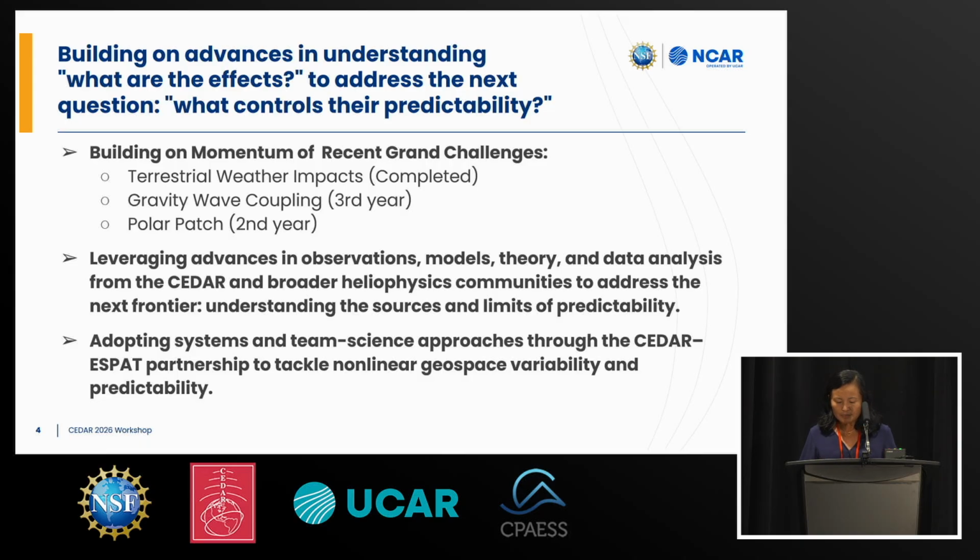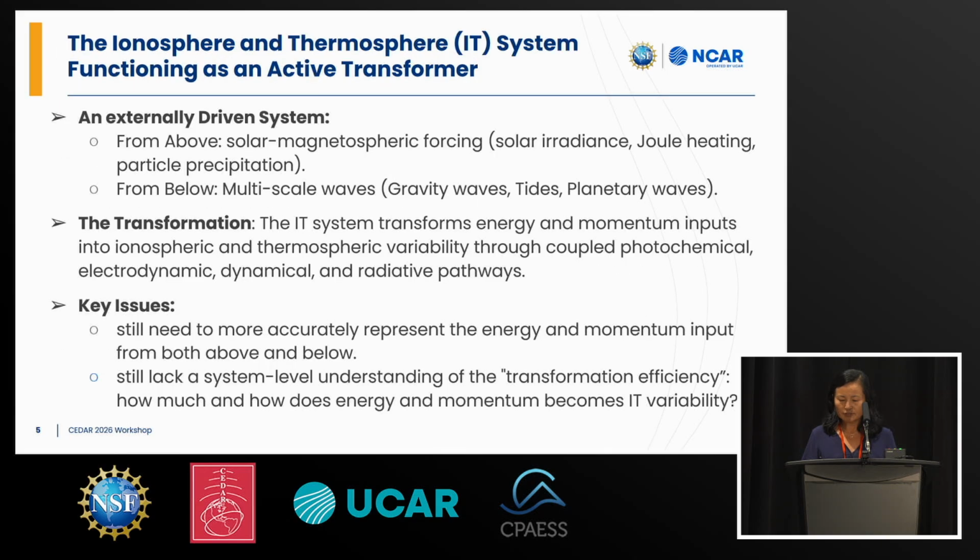To understand this predictability, it is helpful to have a conceptual big picture of how forcing is transformed to the variability in the ionosphere-thermosphere system. One useful way to think about this is to view the IT system as an active transformer. The IT system is constantly driven by forcing from above and below.